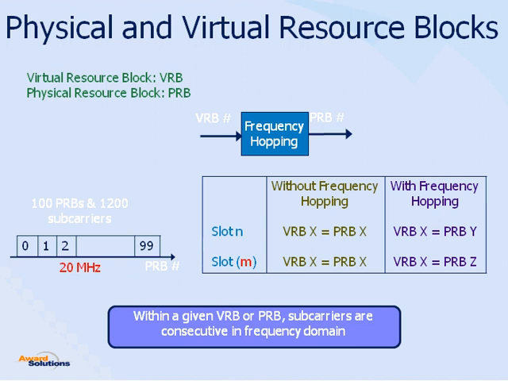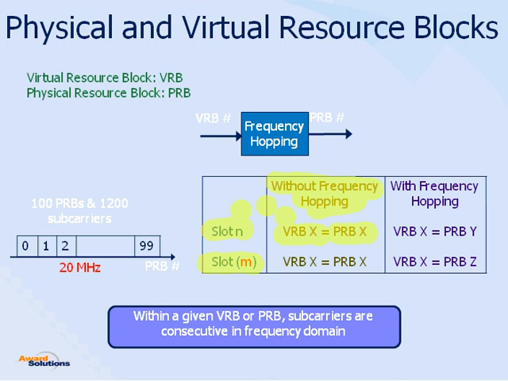Now let's take an example. Let's say that we do not want to do any kind of frequency hopping. So whatever virtual block number we have, that would be the same as the physical block number. Okay. So in one slot, virtual block number is the same as the physical block.